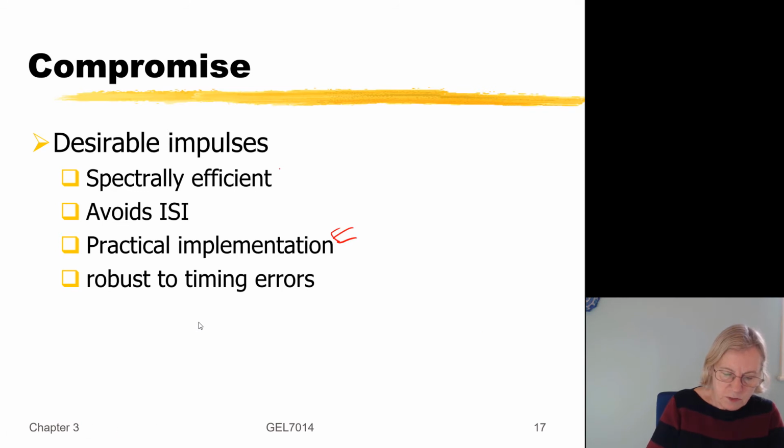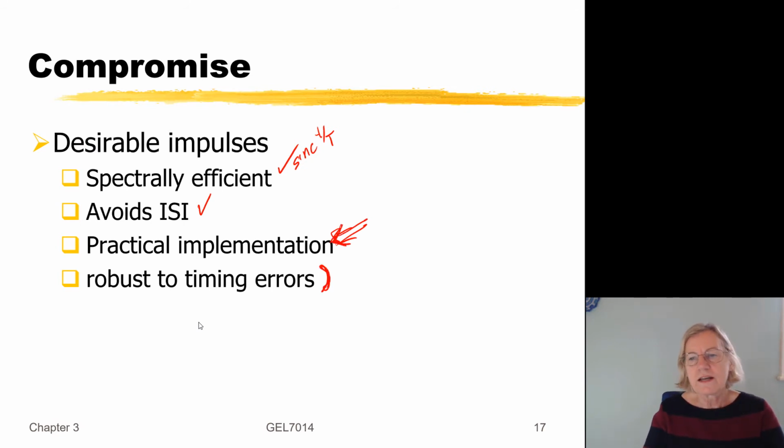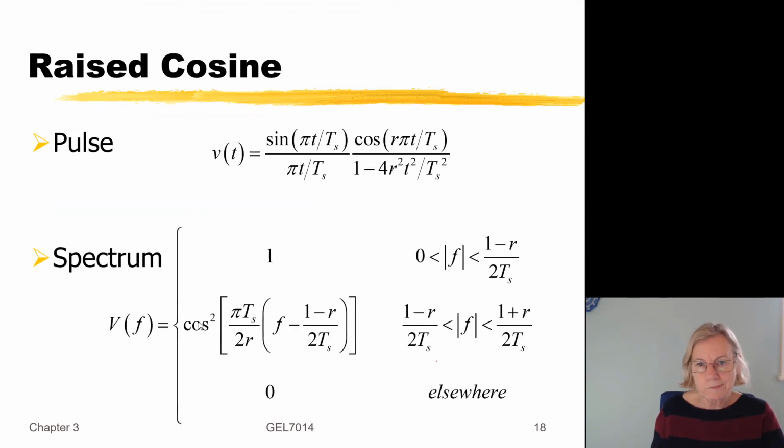So we've talked about how spectrally efficient they are, for instance, that's the sinc(t/T) over T. All of them avoid ISI, which are Nyquist. But now I'm going to talk about which ones are practical to implement, which ones are robust to imperfect components. And that is where we introduce the raised cosine, which is a family in itself of Nyquist pulses.